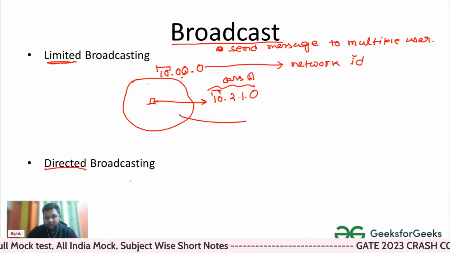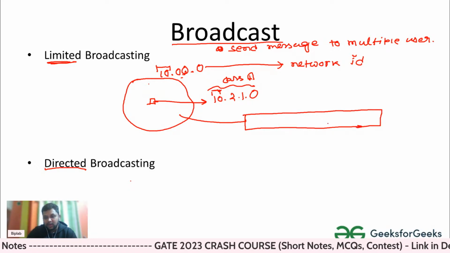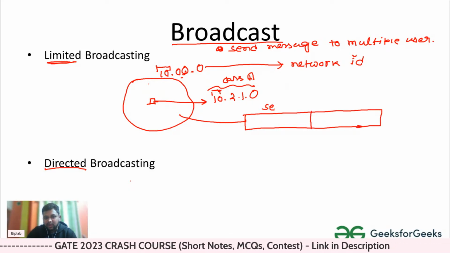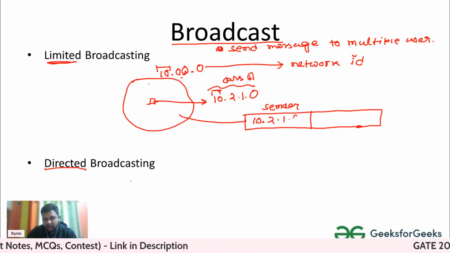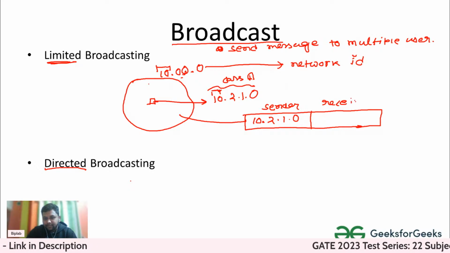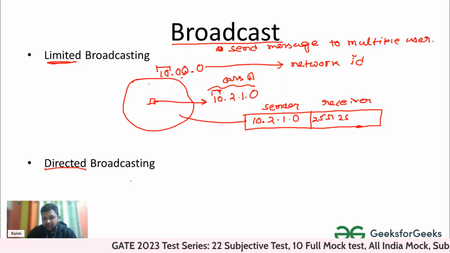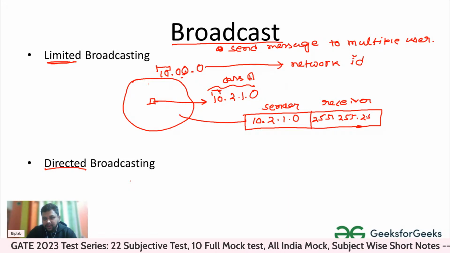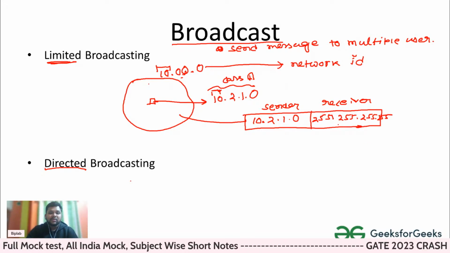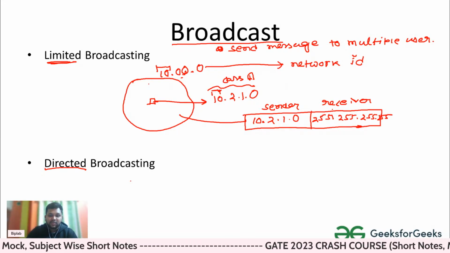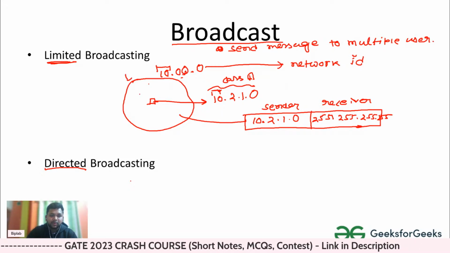So if you want to send a packet to everyone in your network, you will send a message with sender ID, your IP address 10.2.1.0, but in the receiver you will put 255.255.255.255. When you put this address as receiver, it will be broadcasted to all devices in your current network.